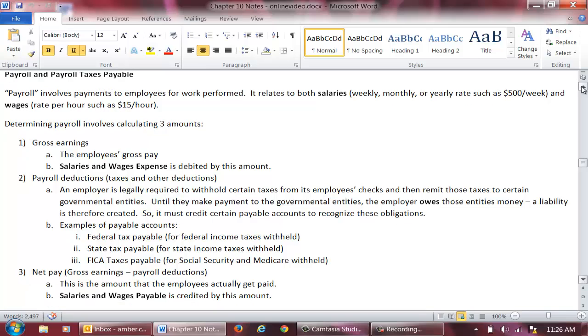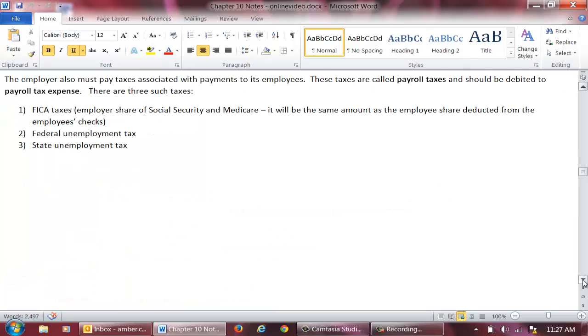After the payroll deductions are calculated, the employer will then calculate the employee's net pay by subtracting the payroll deductions from the gross pay. This is the amount the employee will actually get paid. In the entry to record payroll, salaries and wages payable will be credited by this amount. The employer must also pay taxes associated with payments to its employees.